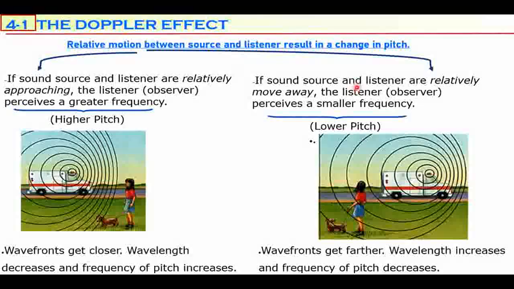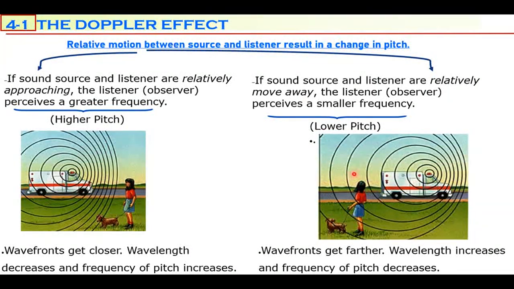If a sound source and the listener are relatively moving away, like this ambulance is moving away, the listener or observer perceives a lower, smaller frequency, which is known as lower pitch. Why? Because behind the ambulance, the wavelengths are longer, so the wavefronts are farther.